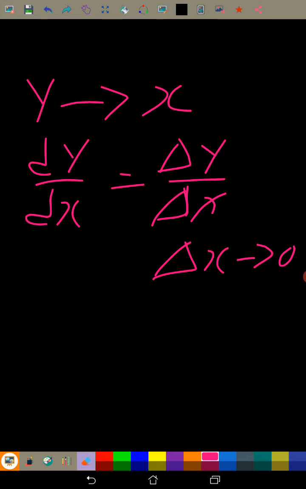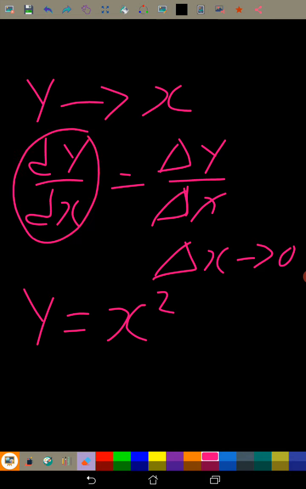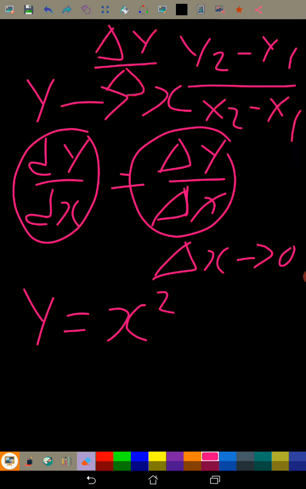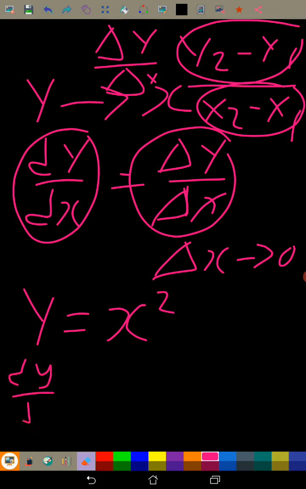Okay, so we are done with this, and we came to the conclusion that for y equals x to the power of 2, the differentiation, or the gradient (this is a gradient, by the way, because we had delta y divided by delta x, the change), dy by dx is just 2x.